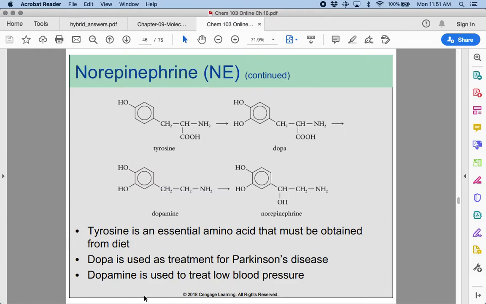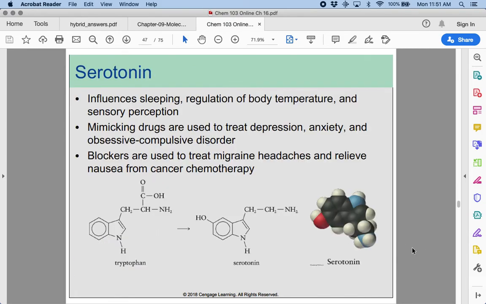So we will learn more about these when we get to our biological section, but tyrosine is an amino acid. And then dopa and dopamine are other amino groups that go through this process, right, where we take tyrosine and it becomes dopa, then it becomes dopamine, and we end up using it as we uptake it into our bodies.